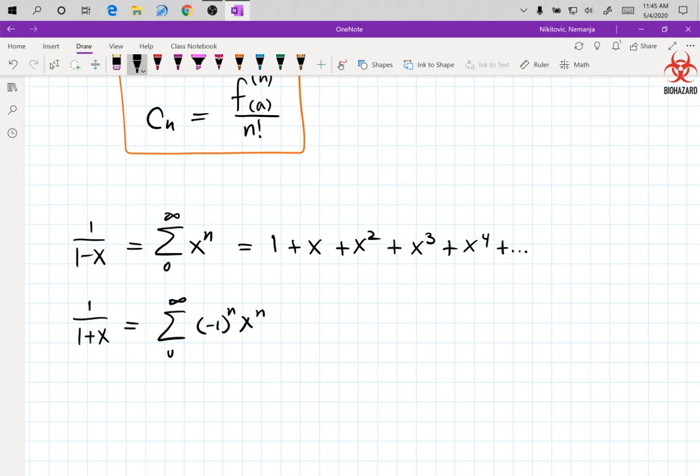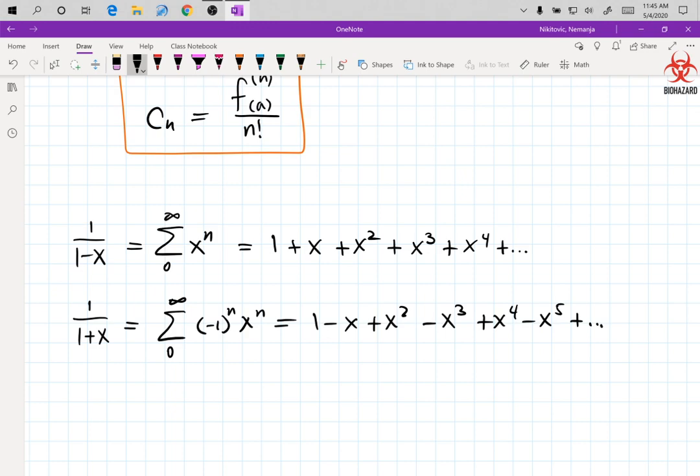So see, the second one is a joke to remember if you know the first one, because all it does is introduce this term here, and this now becomes 1 minus x plus x squared minus x cubed plus x to the fourth minus x to the 5 plus dot dot dot, right, going on forever. So it's very simple to memorize the second one when you know the first one.